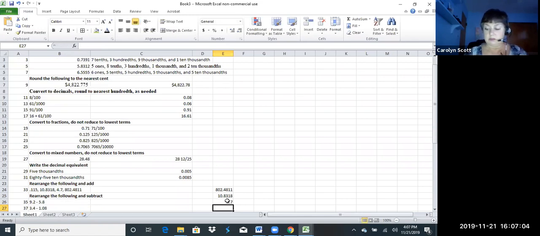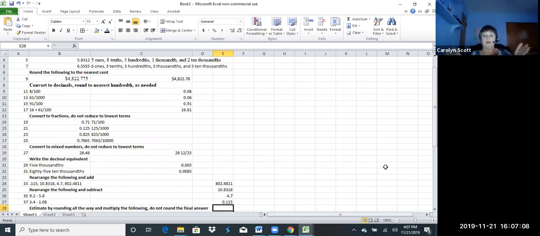And then the next highest one is 0.115. Now, you may notice that when we do things vertically, everything is justified to the right in this particular model. But remember, if you were to do this by hand, you would line up the decimals.